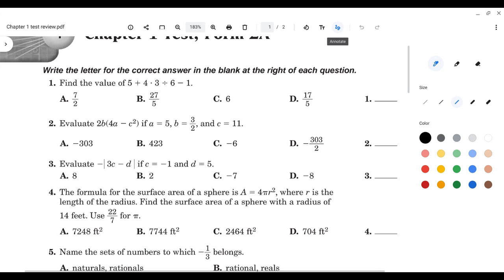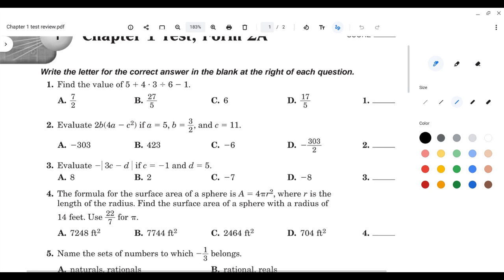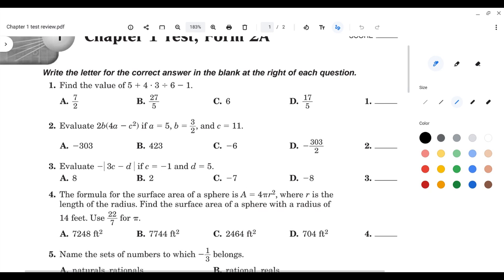Number one, plug it in the calculator, do the mental math any way you want. Number two, whenever you have evaluate with a variable, all you have to do is plug in your number, basically replace the variable with your number.